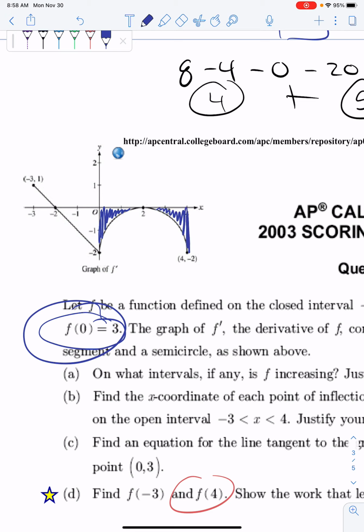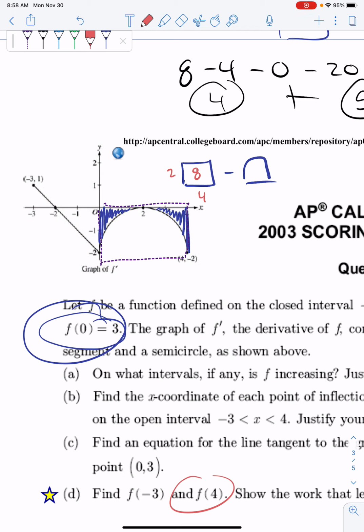I'm not looking for the inside of the semicircle. So I'm actually going to take the rectangle and I'm going to subtract my semicircle. See this big rectangle right here? That big rectangle is what? It's 4 wide and it's 2 tall, so that's 8. My big rectangle is 8.